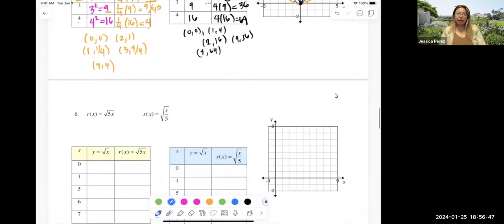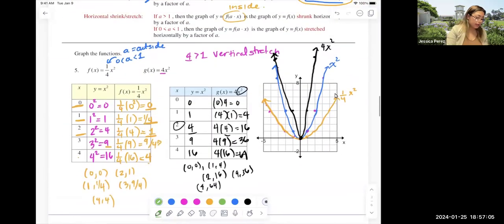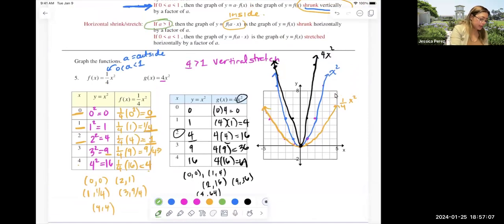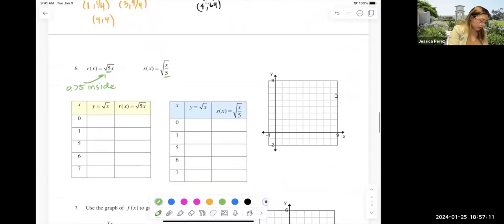Now, very similar, but what are we going to be noticing? That the A is in front, it's inside. So this A is greater than 5, it's on the inside. So we know it's going to be a horizontal shrink. If it's greater, it's going to shrink horizontally by definition.